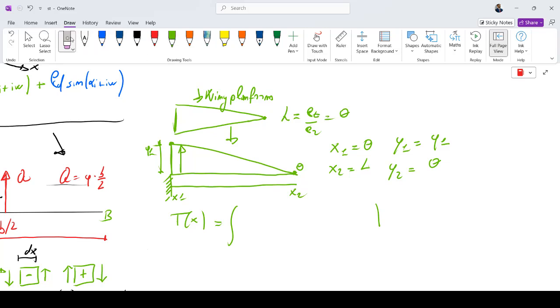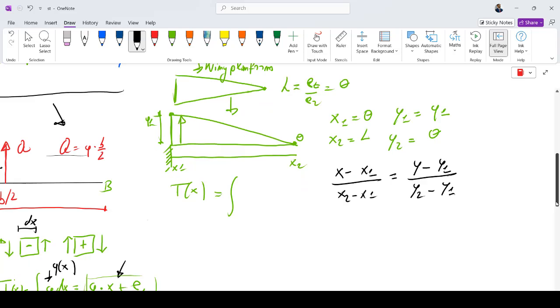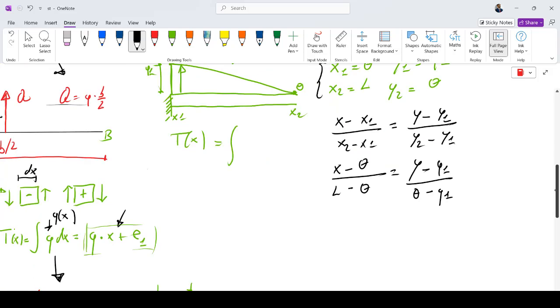Now, apply the well-known formula. We can calculate: x minus x1 divided by x2 minus x1 is equal to y minus y1 divided by y2 minus y1. We substitute the values highlighted here. We multiply in cross direction, so these for these and these for these.